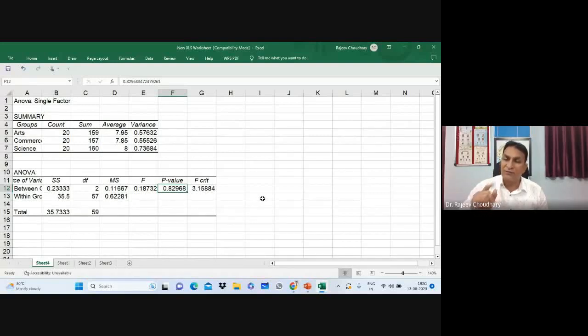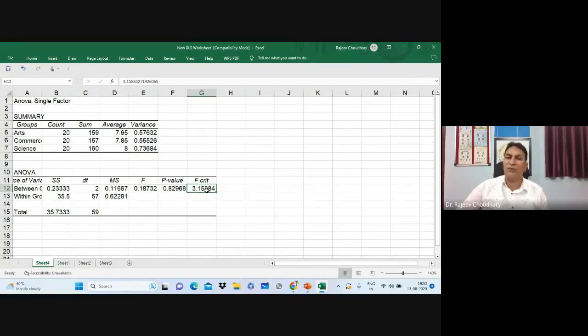One way is if the significance value is less than 0.05, it means there is significant difference. Another is we can compare this obtained F value with the calculated F critical. If this F value is higher than the F critical value, it means significant difference is there.